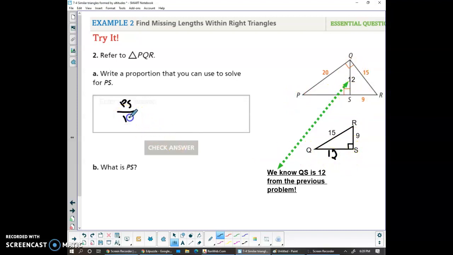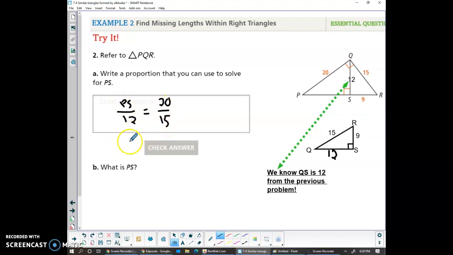So it's PS to 12, is equal to, now, you have a choice which way you want to do this. You could use either the hypotenuse or the height of the triangle. But I'll just use the hypotenuse just to be clear. So we got 20. We're comparing one hypotenuse to the other hypotenuse, 20 to 15. Now you could do 12 to 9 if you wanted to, and that would work just as well.